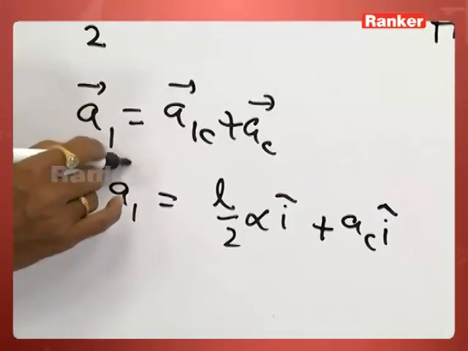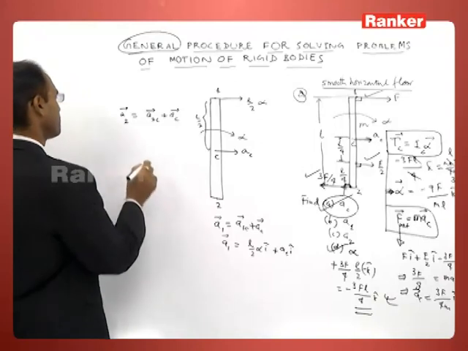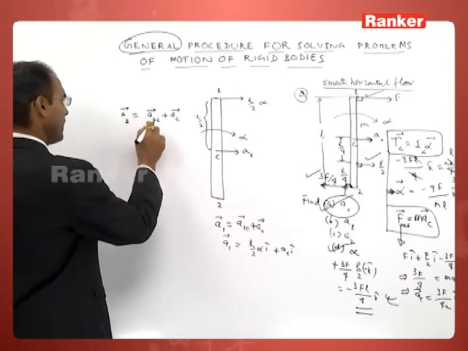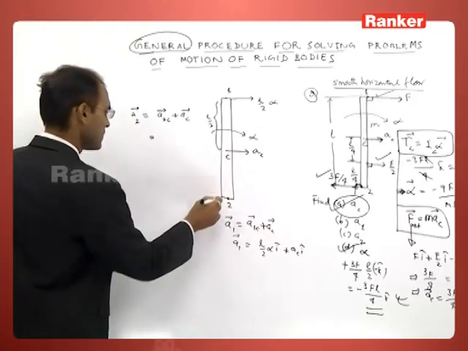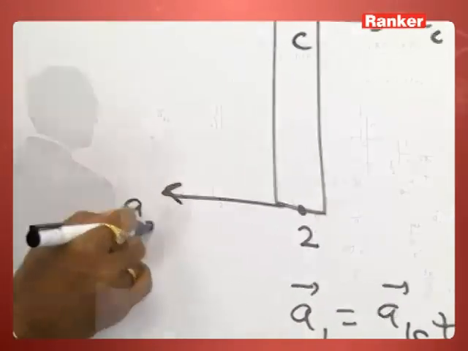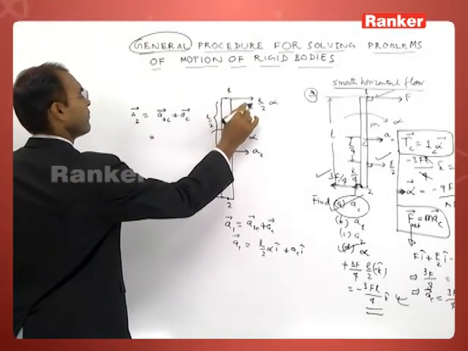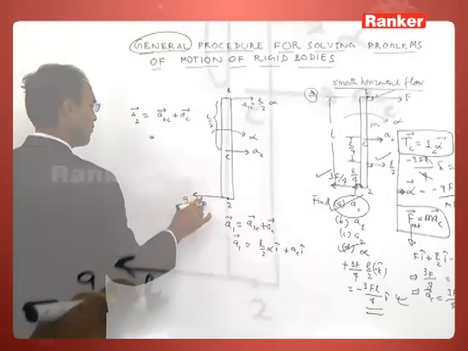That is A1. Similarly, A2C, acceleration of this point with respect to center of mass, will be in this direction. That's equal to L by 2 into alpha.